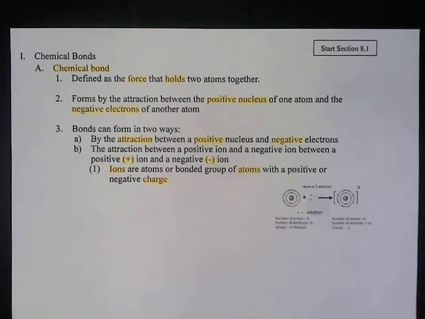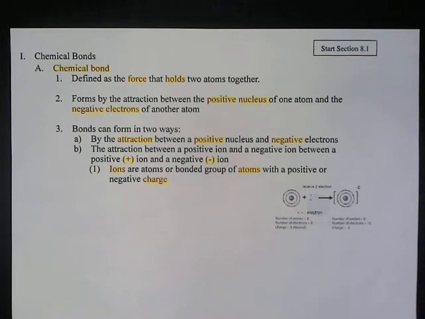Throughout this entire chapter we'll talk specifically about ionic bonds, but in general, forming a chemical bond means attracting the positive nucleus with the negative electrons of different atoms.